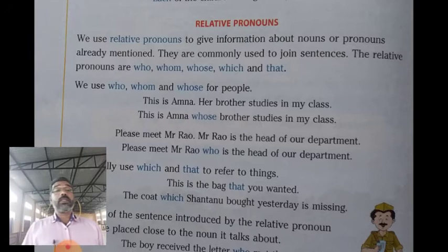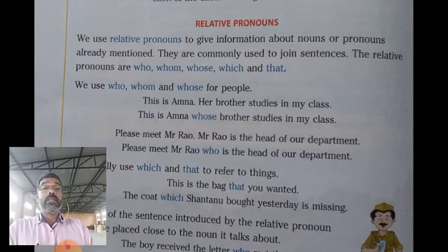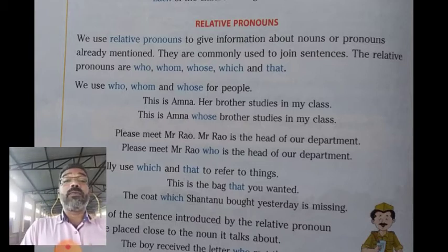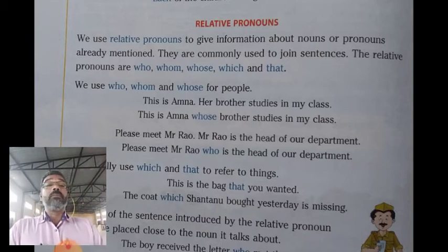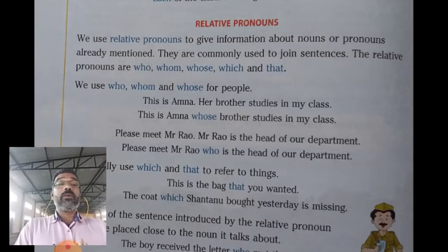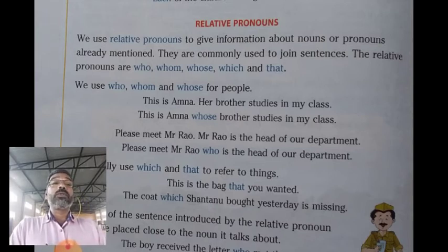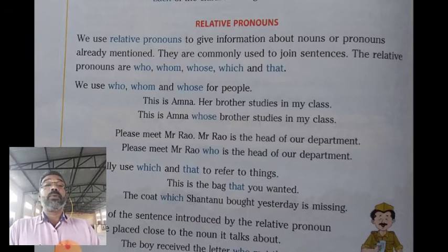Relative pronouns are used usually when two sentences are connected together. So, relative pronoun also does the work of a conjunction. So, we use relative pronoun as a conjunction, but it also does the work of a pronoun.